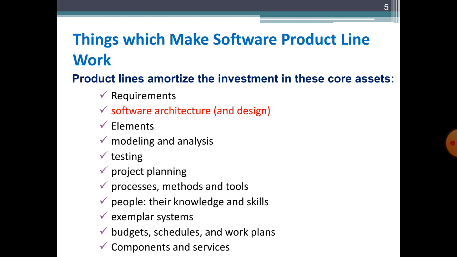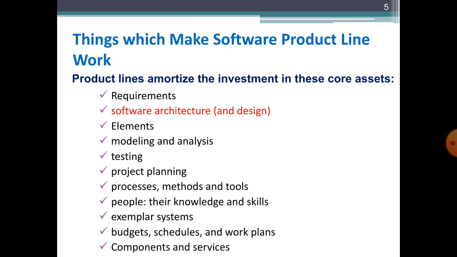Core assets can contain requirements, software architecture and design elements, modeling, testing, project planning, process, people with their knowledge, skills and so on. Our main focus will be on software architecture and design, and all of these core assets actually pay back to the respective organizations as well.